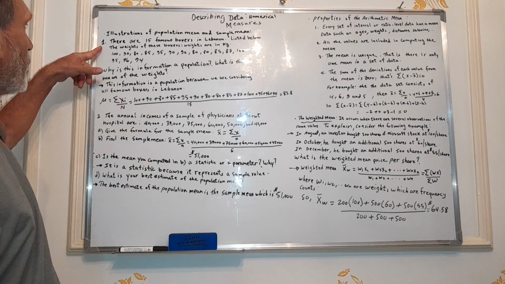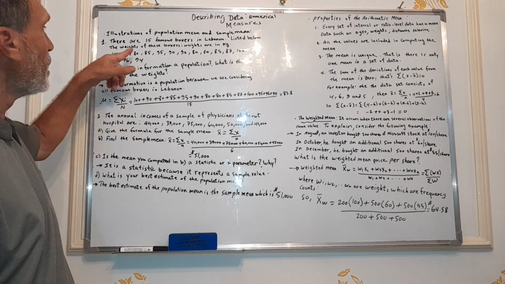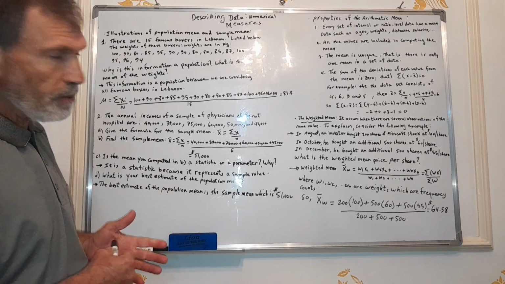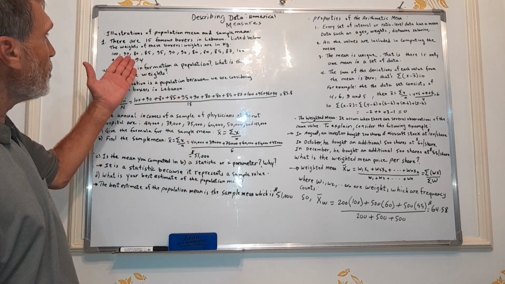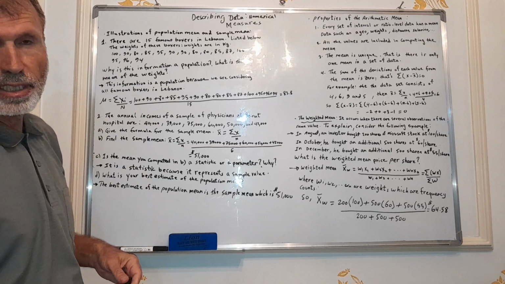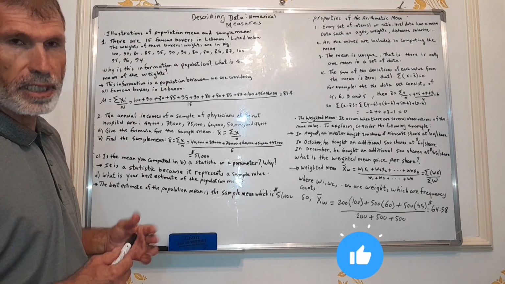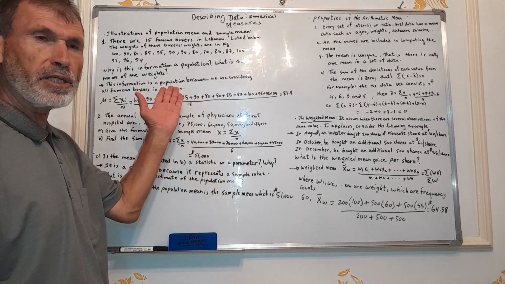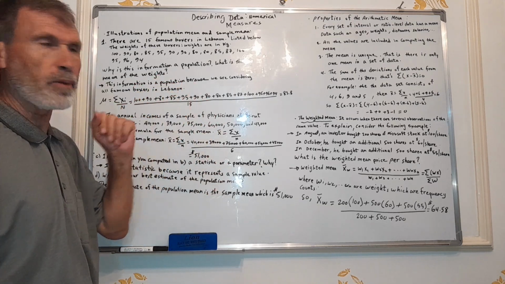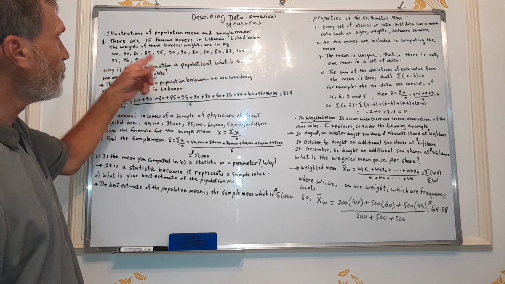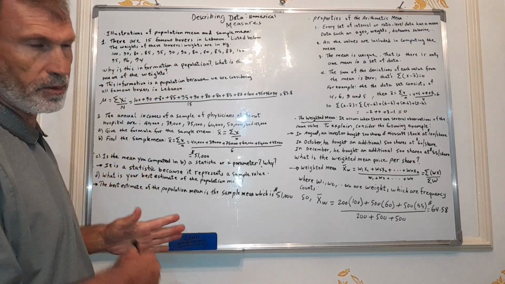Example number one: we have 15 famous boxers in Lebanon, and here they are listed, the weights of these famous boxers in kilograms. As you can see, those are the weights of these 15 boxers in Lebanon.